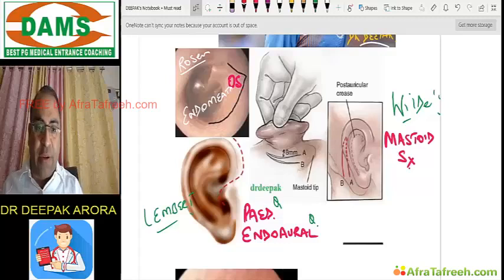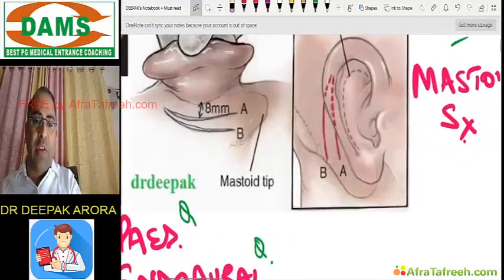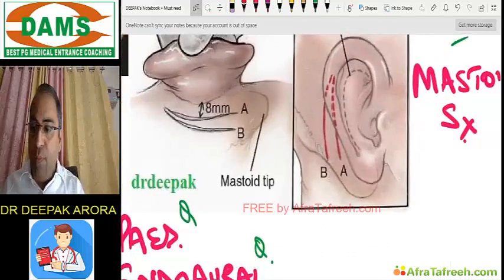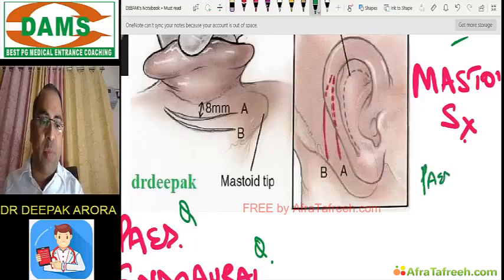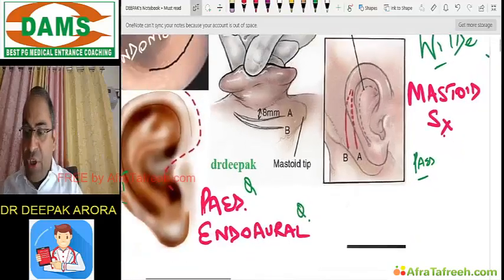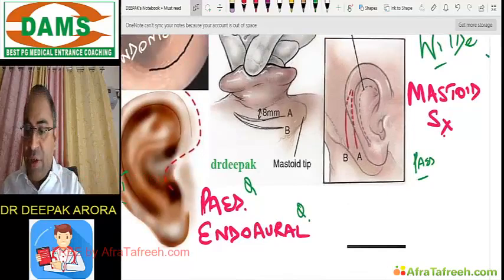We are expecting integrated MCQs. Out of 200 MCQs, they can ask you the importance of the post-aural incision in the pediatric population. Always remember, in pediatrics we never extend to the lower edge. Why? Because the facial nerve can be damaged. Clear? Coming to the next point, just concentrate.